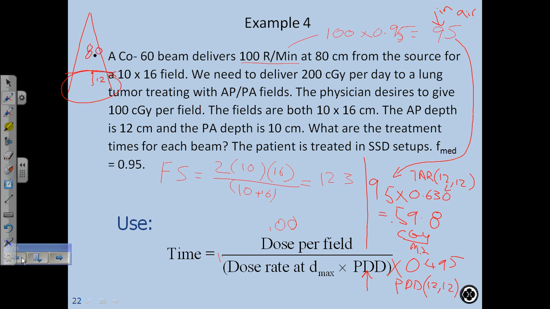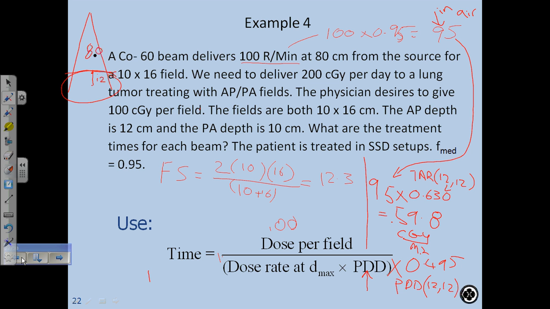All right, cool. And so now that dose rate is what? It's 59.8 times 0.495, which is 29.6.